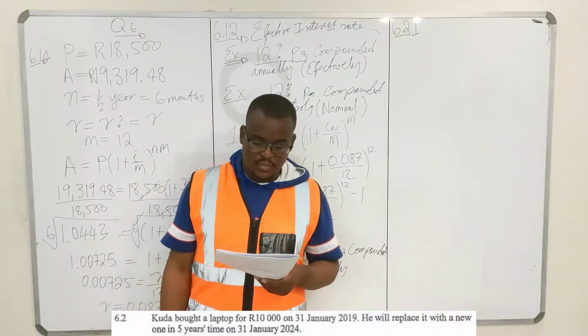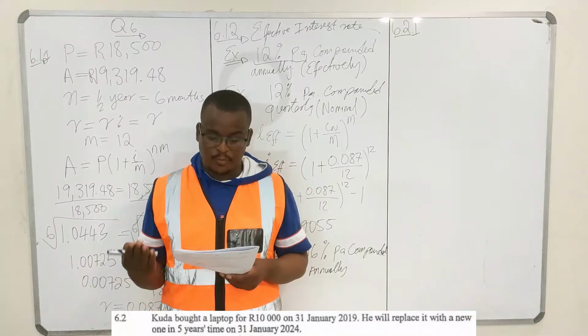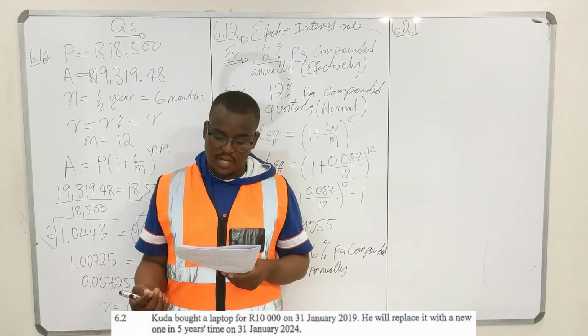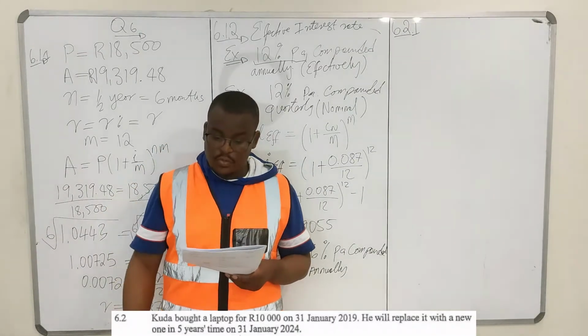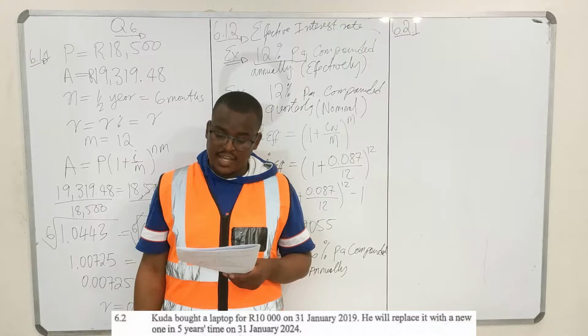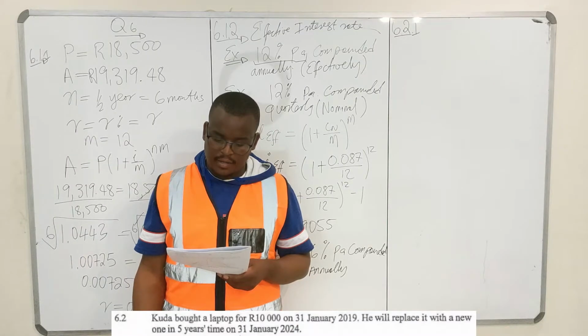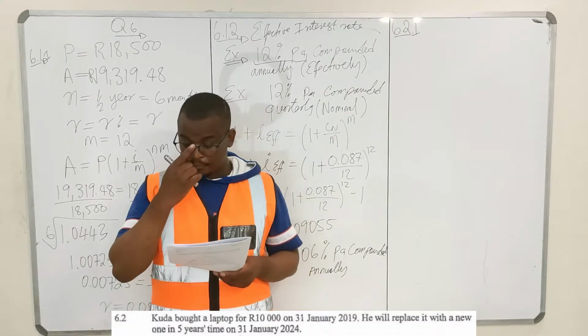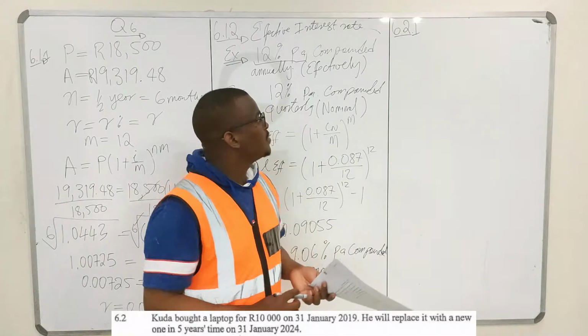Okay, so what are they saying? They're saying our friend Kuda bought a laptop for 10,000 on 31 January 2019, and that he will replace it with a new one in 5 years' time, on 31 January 2024. This is 6.2.1, the first question.